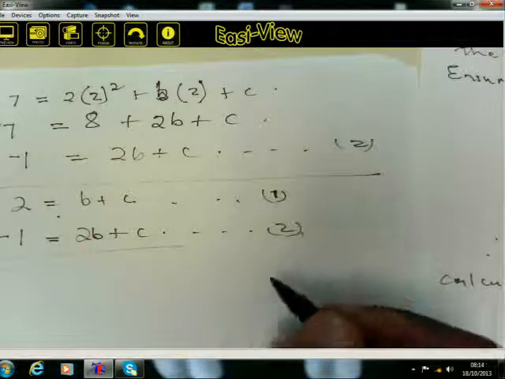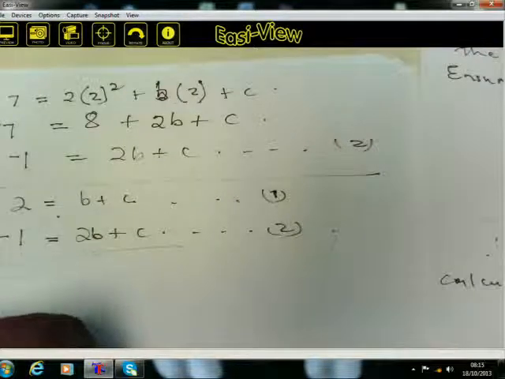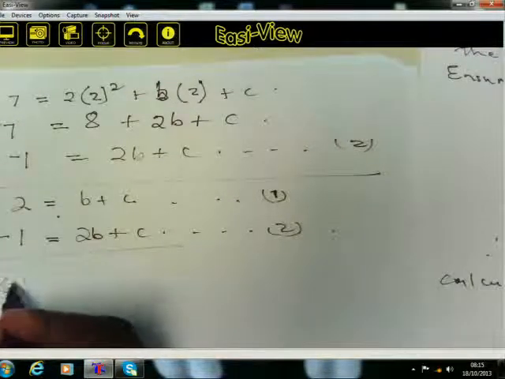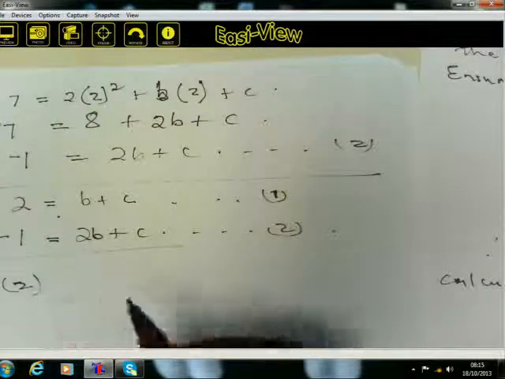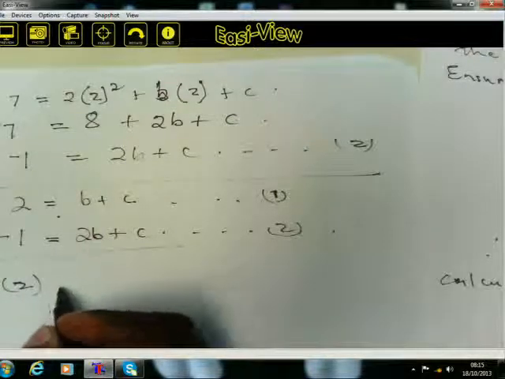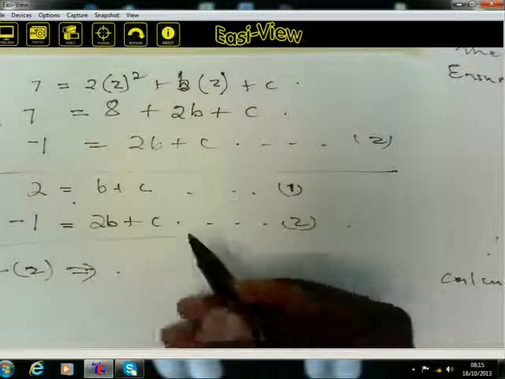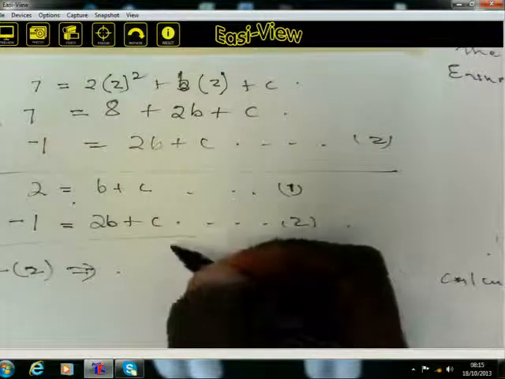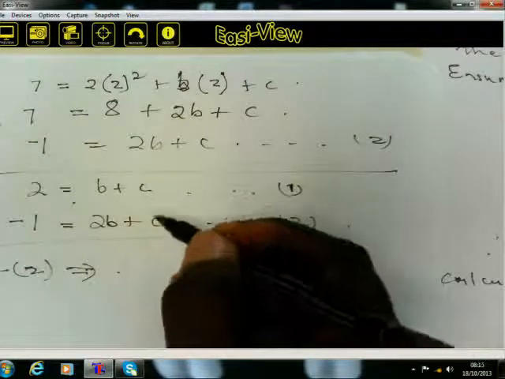If I take the first equation subtracting the second equation, then c subtract c is 0, so we will be eliminating c.